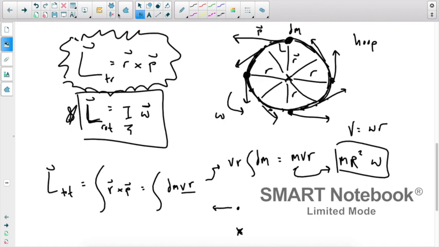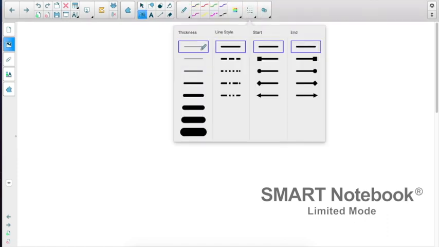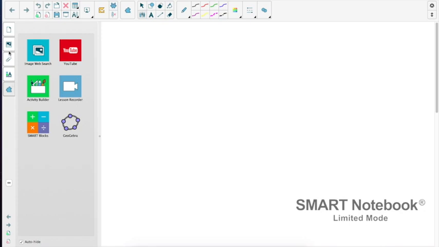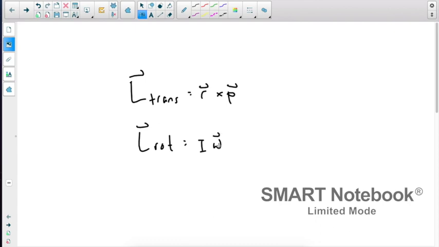Okay, scholars, we need to talk about the units of this angular momentum idea real quick. Based on our two definitions of angular momentum, translational, rotational, we can figure out what the unit of angular momentum must be.